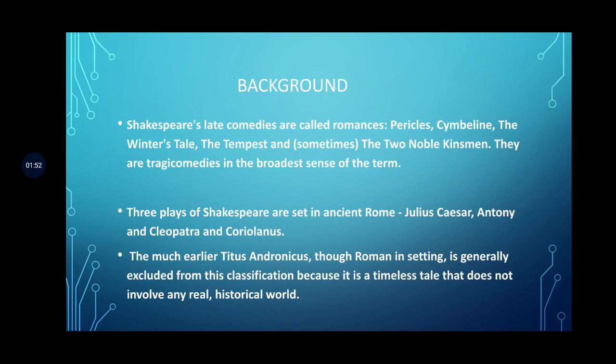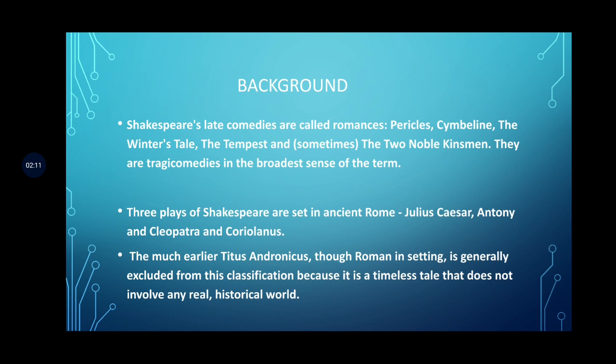Now, Shakespeare's late comedies are called the romances, which include Pericles, Cymbeline, The Winter's Tale, The Tempest, and sometimes The Two Noble Kinsmen is also included in these, and these are tragic comedies also.